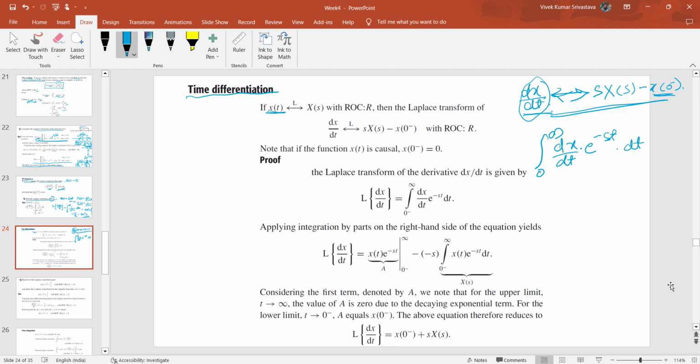For evaluating this expression we have to use integration by parts. Here I will take this d by dt as the first function, and this e raised to the power minus st as the second function.